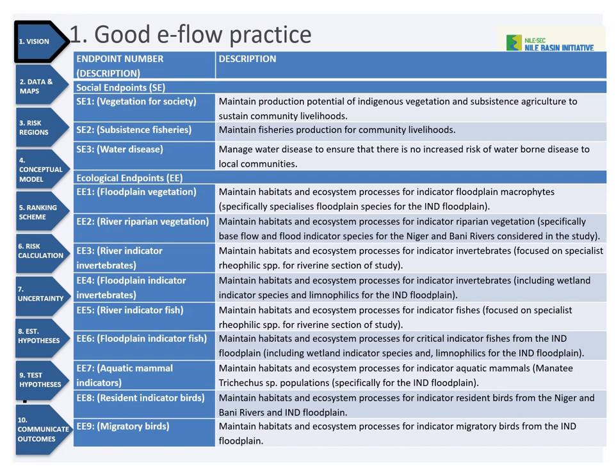So some of the endpoints were only applicable in the Inner Niger Delta, for example, ecological endpoint 1, which is floodplain vegetation, compared to the riverine vegetation, which was applicable in the riverine part of the catchment. We considered invertebrates for the river, where we required to maintain habitats and processes associated with indicator invertebrates, and to maintain the diversity and the community structures of invertebrates in the rivers.